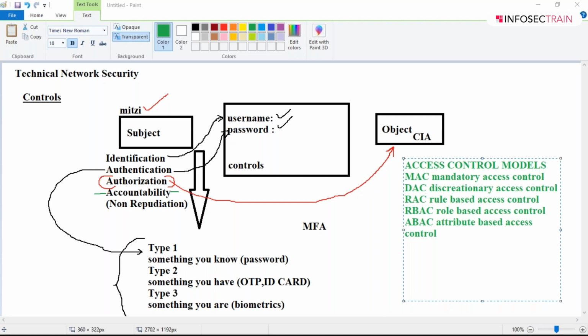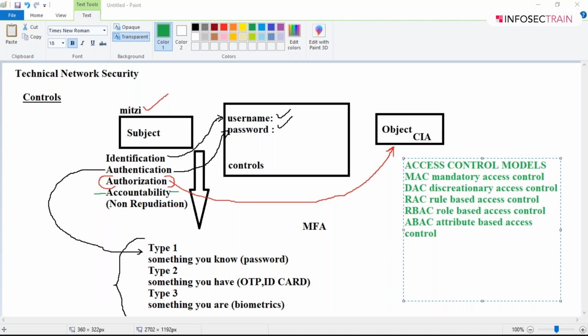Then the clearance level of the subject will be matched with the object, and depending upon that, the access will be given to Mitzi. But whatever access rights have been given to Mitzi, she cannot decide whether she can give access rights to Sharif or me. She can use them, but she cannot decide who can access the information further.